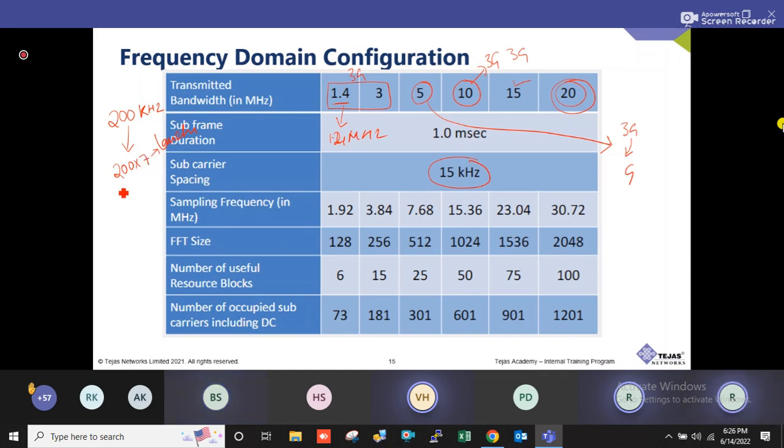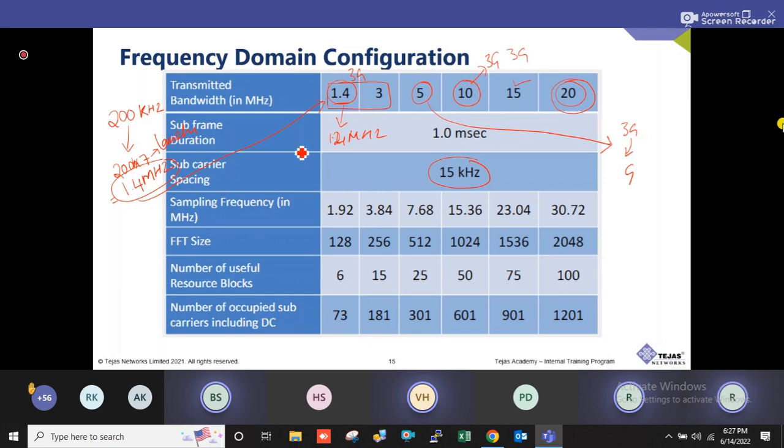If you multiply 200 kilohertz into 7, how much do you get? 1.4 megahertz. That's the reason that an operator in 2G, if he wants to tear down his particular technology and reform it using LTE, can do it immediately with this 1.4 megahertz.